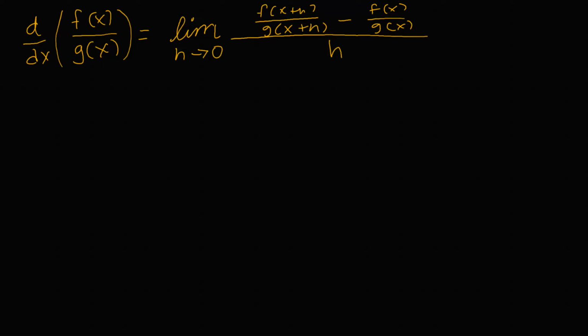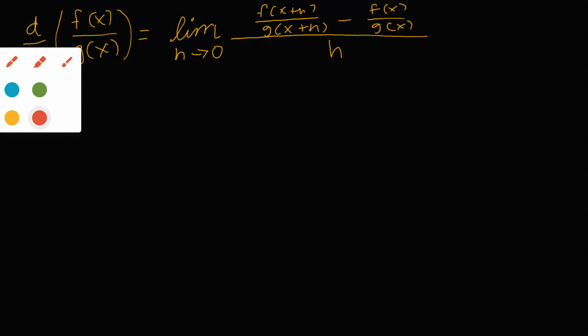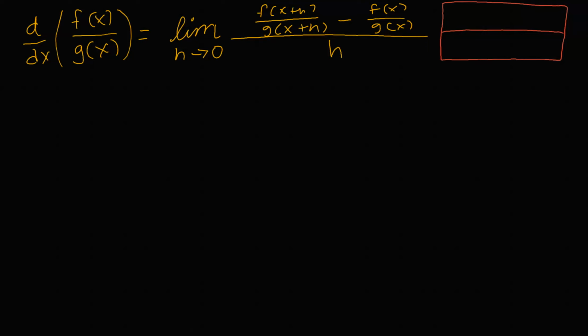So in order to clear a complex fraction, we will go ahead and multiply by 1. Okay, the question is, what is 1? How do you multiply by 1? Well, 1 is something divided by itself.